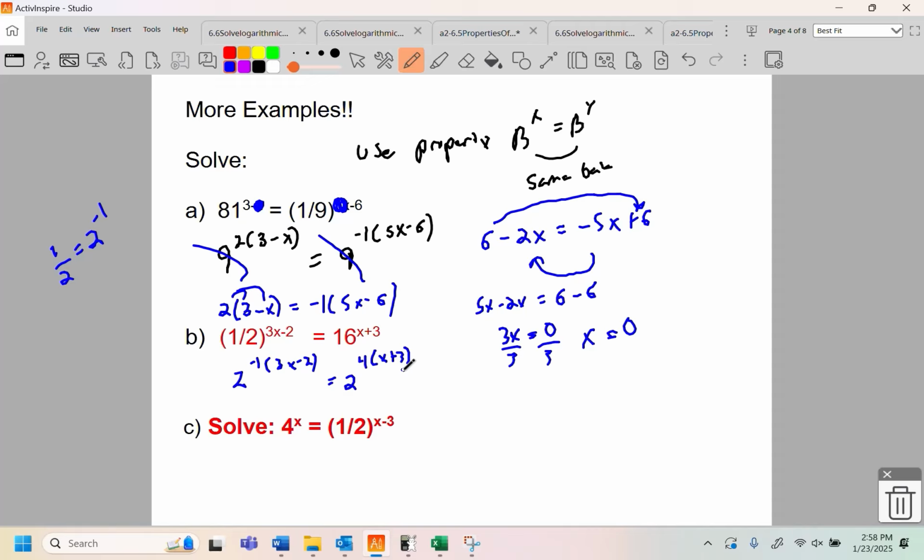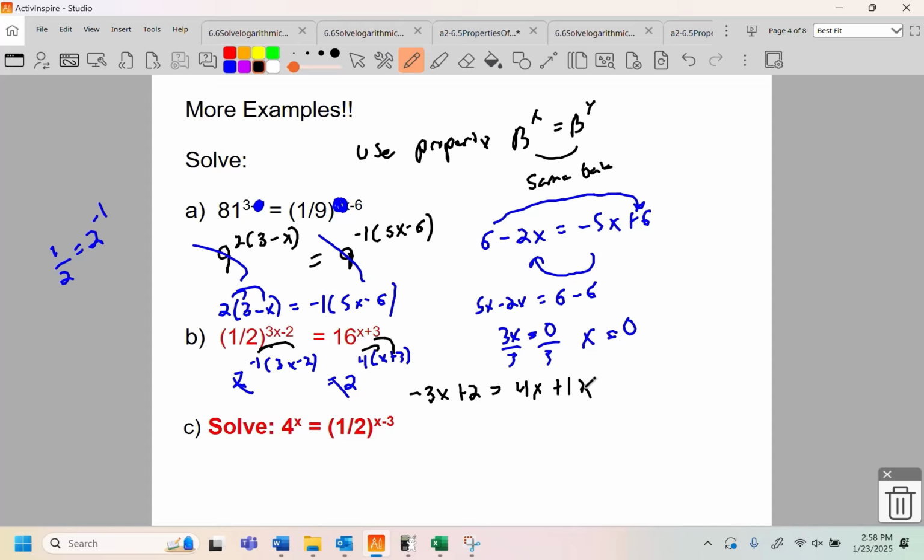And now I have the bases the same. Just chunk them. I'm going to go ahead and invoke the distributive property as I set things equal to negative 3x plus 2, and I know I shouldn't do this because some of you will be confused because you don't know how to do basic math, equals 4x plus 12.